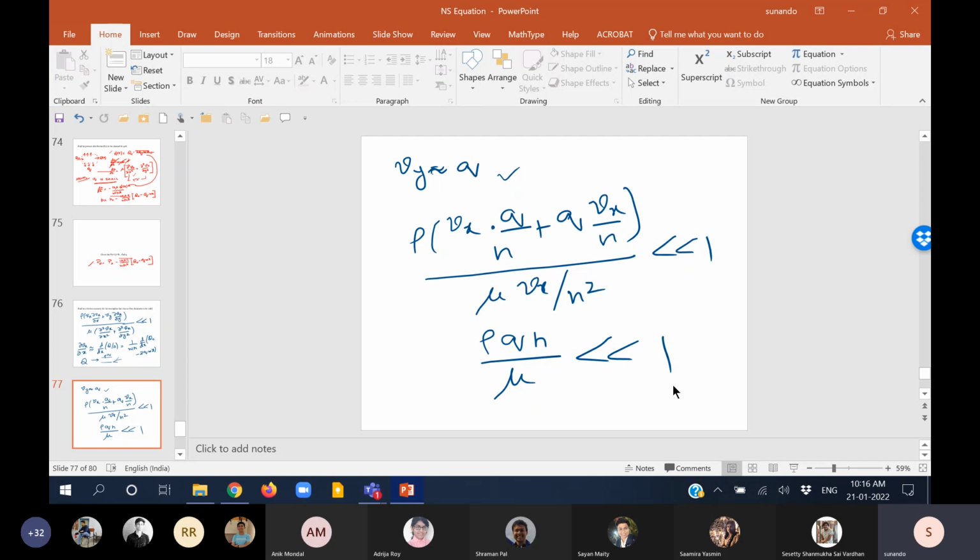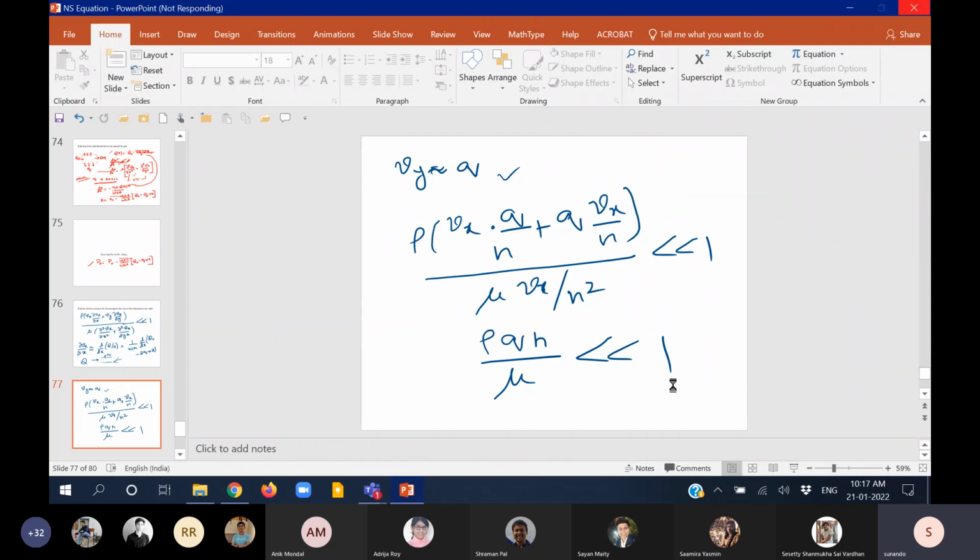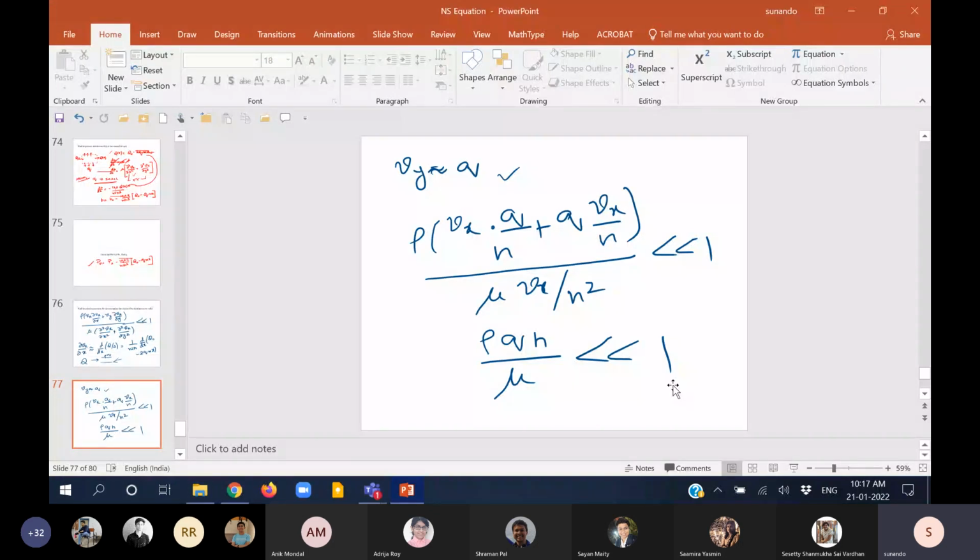And you can clearly see that what I said so far is rho has to be small, inertial force less, mu has to be large, viscous force to predominate, q has to be small such that the perturbation is small, and h has to be small such that the variation of flow in the x direction is rather small in comparison to the variation of the flow in the y direction. So altogether, some sort of a leakage Reynolds number has to be small.